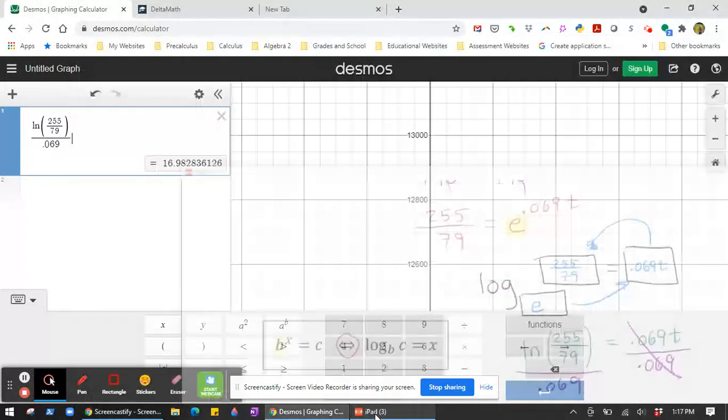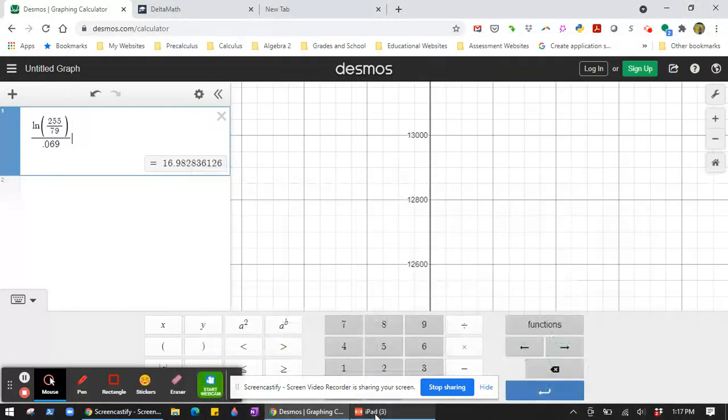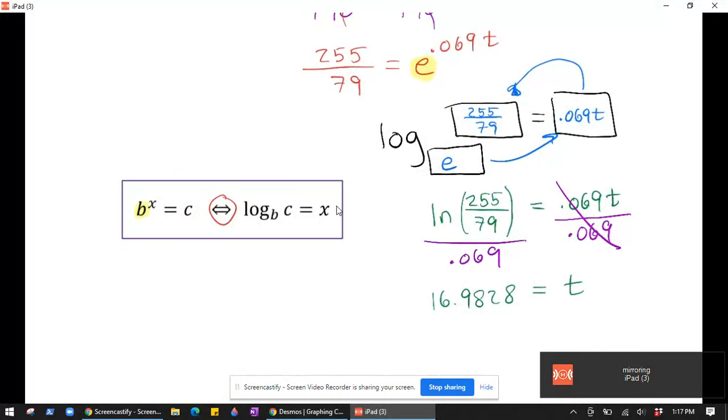Okay, so just study that. Make sure you understand the location of the 0.069. And so we get our answer of 16.9828. I'm going to write all that down. 16.9828 is equal to t. And then we come back and just note that we probably have to round to something.